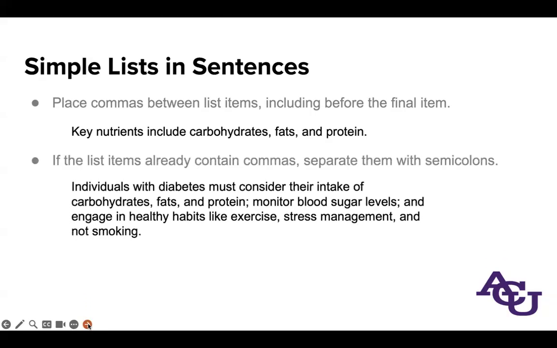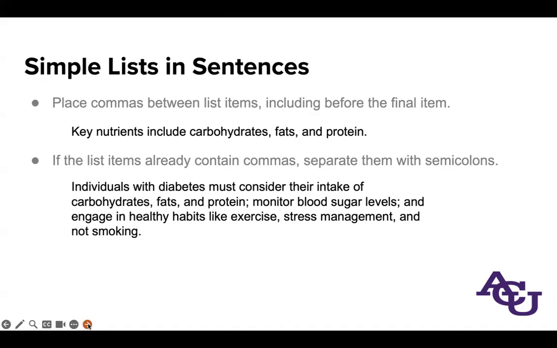So if the list already contains commas, making it more of a complex list, you can separate the items with semicolons. So here we have the first item is must consider their intake of carbohydrates, fats, and proteins. So there's already commas between carbohydrates, fats, and protein.